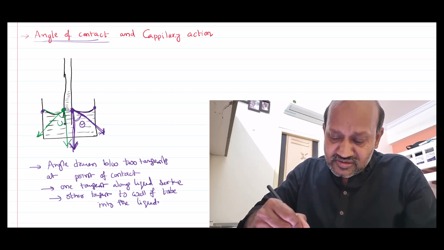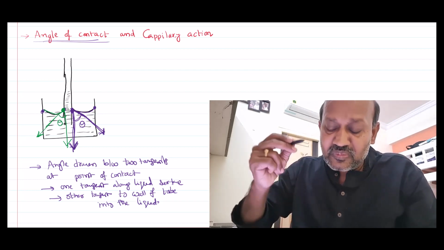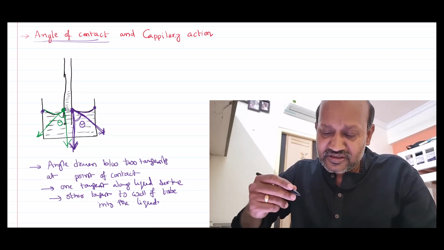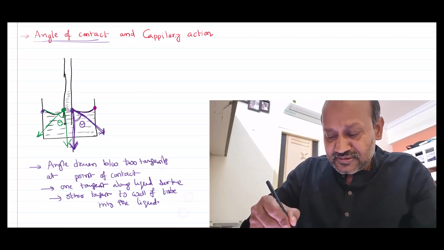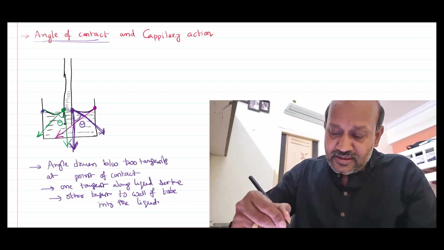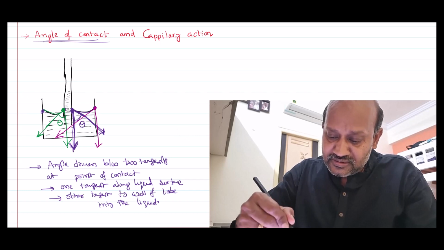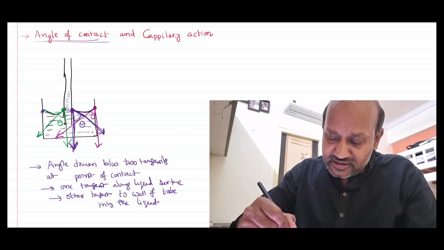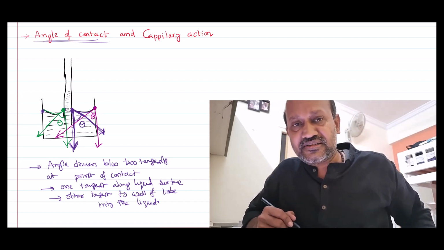So this is also the angle of contact. I will show you at one more place just to give you the meaning once again. This is the point of contact. One tangent is drawn to the liquid surface this way. Another tangent is drawn to the wall of the container. The angle between them is the angle of contact. All these are the same values. That's called angle of contact.